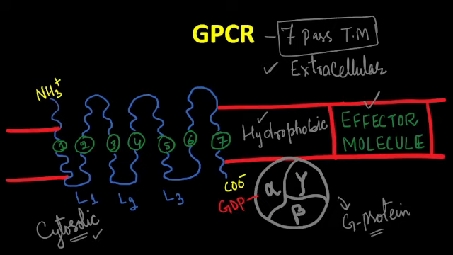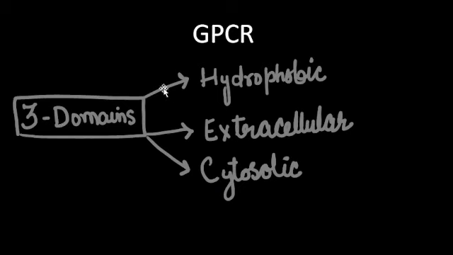First of all, we have the first domain, that's the hydrophobic domain. This hydrophobic domain we can also call the transmembrane domain. So this is present within the membrane. And this hydrophobic domain is made up of seven helical structures.